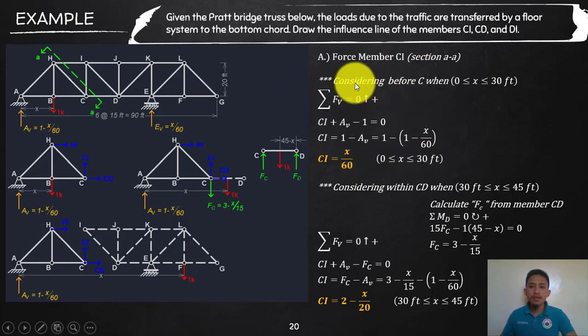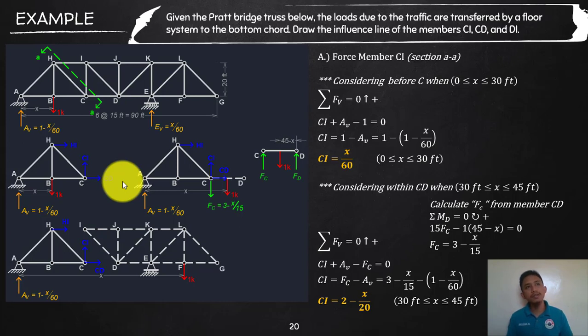So considering your member CI, I want to cut this section AA. I will expose 3 force members, and it depends actually if that is a tension or compression, but I'd rather suggest always assume initially the tension side. Still, you can assume a compression, it's up to you, because if you assume initially a tension, then in your influence line the positive will be tension, and the negative influence line on the response will be the compression.